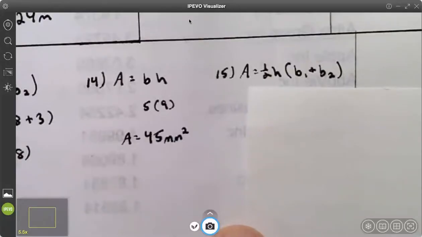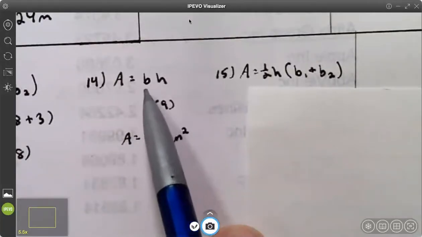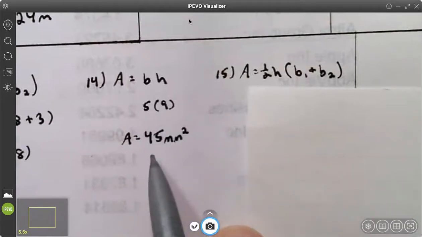Here is number 14. Number 14 was a parallelogram, so it's just base times height, 5 times 9. Your area is 45 square millimeters. Number 15 is a trapezoid. Your formula was half the height times the sum of the bases.